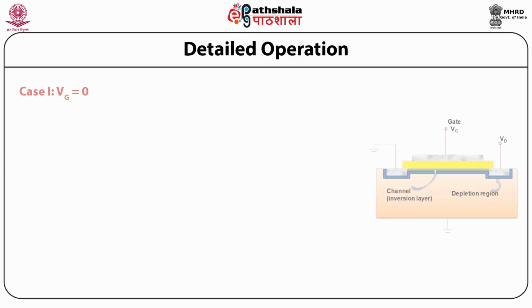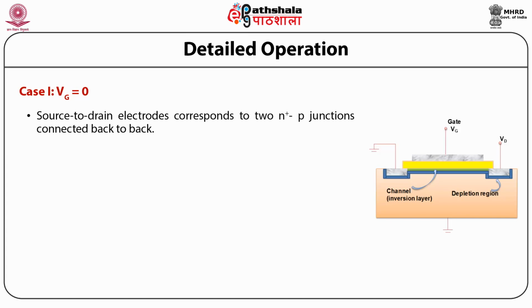Let us take the first case, that is no Vg is applied, that is Vg equal to 0. The source to drain electrodes correspond to two N+ P junctions connected back to back.